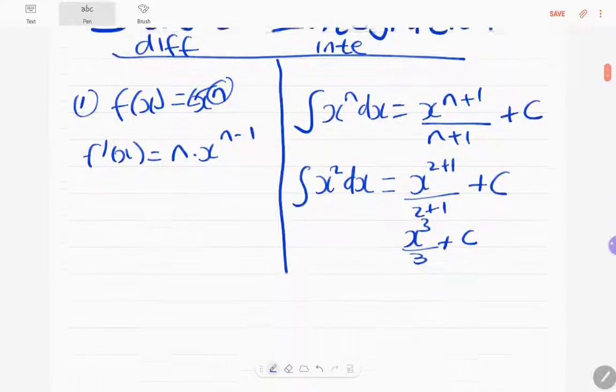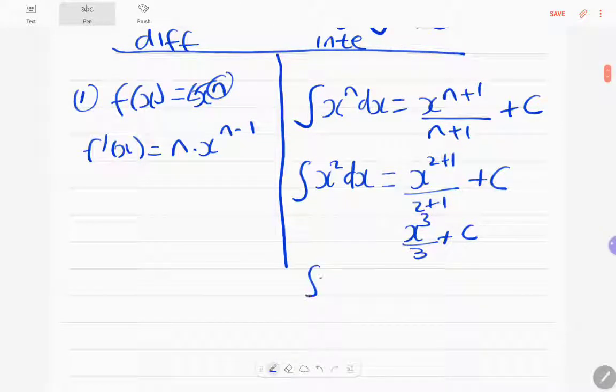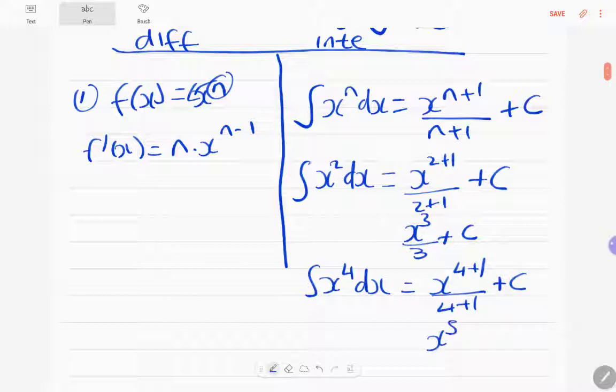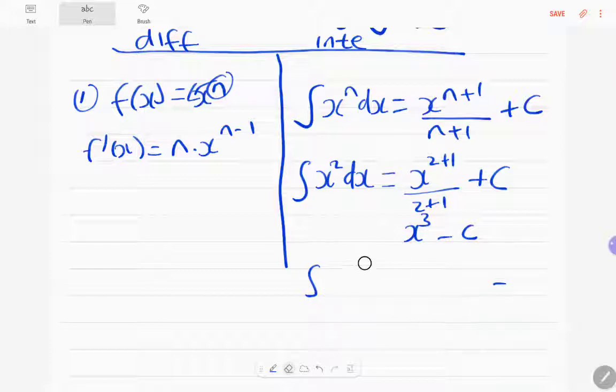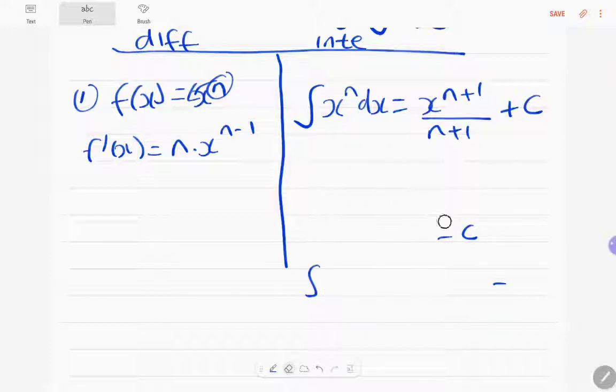So this is your final answer. Find the integral of x to the power 4 dx. Just say x to the power 4 plus 1 all over 4 plus 1 plus c, which is x to the power 5 all over 5 plus c. So this is the final answer. So basically you just add 1 to the exponent and divide by the new exponent.